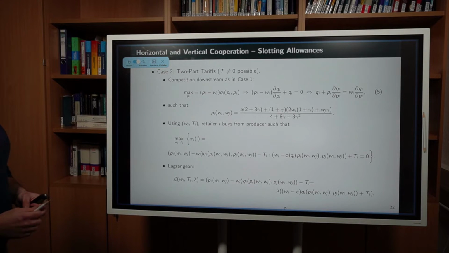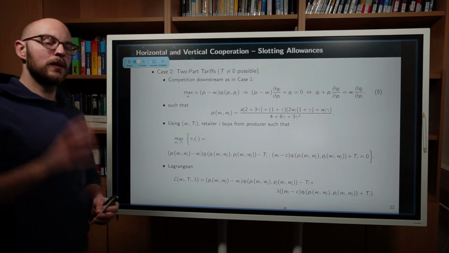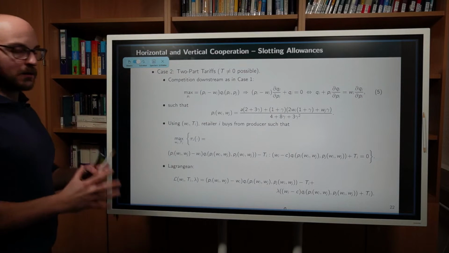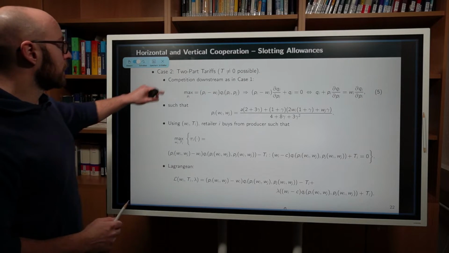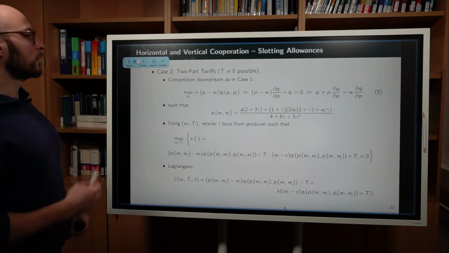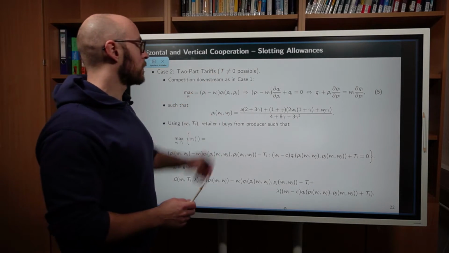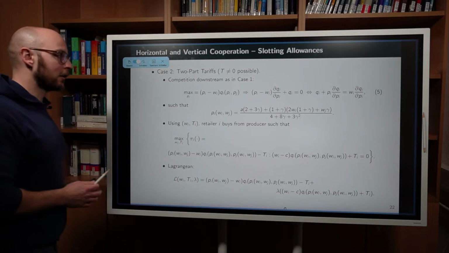Okay. Now that we have analyzed the case without fixed fee, so basically a linear tariff, we now go to an example of a two-part tariff. What does this mean? Well, we also have the fixed component that is not necessarily fixed to 0.